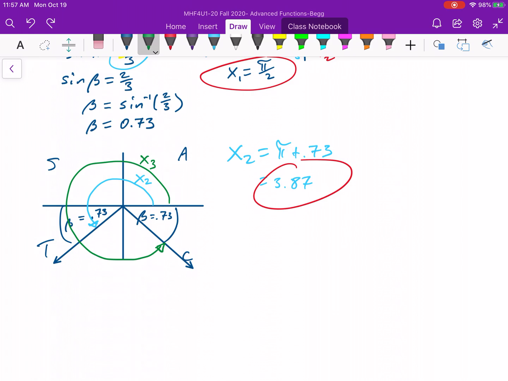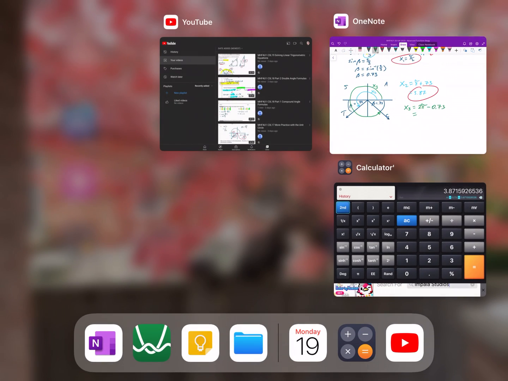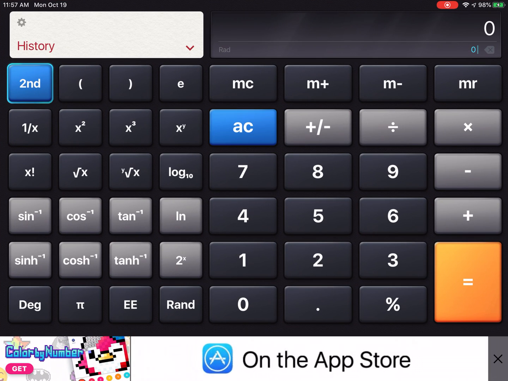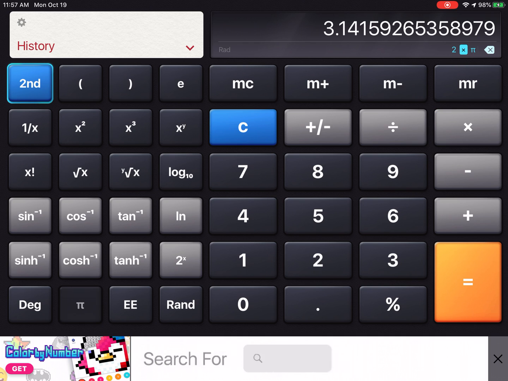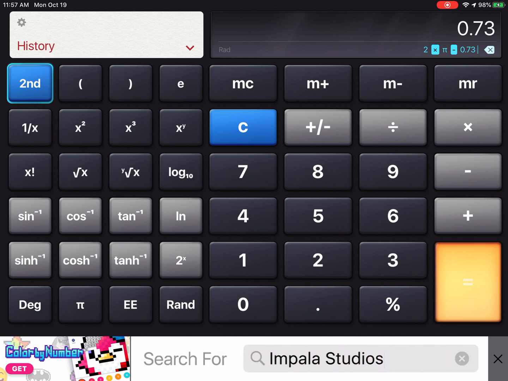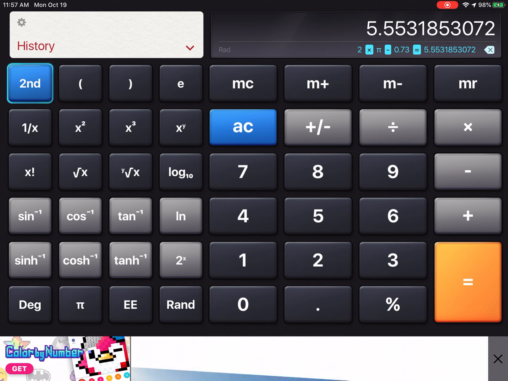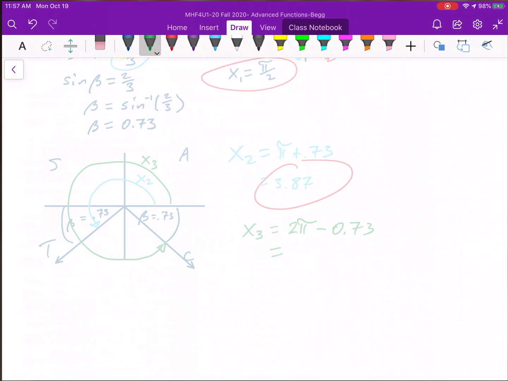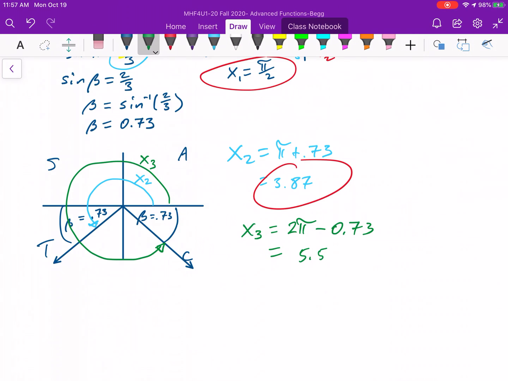So x3 is going to equal 2 pi, but not quite. It's going to be 2 pi minus 0.73, which is about 5.55. And that would be my final solution.